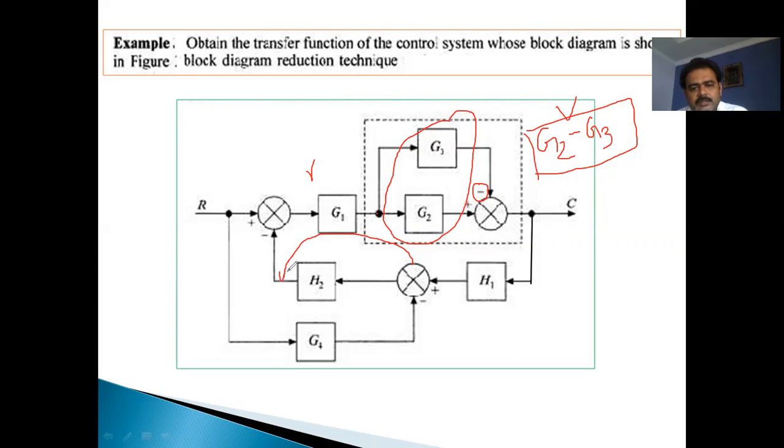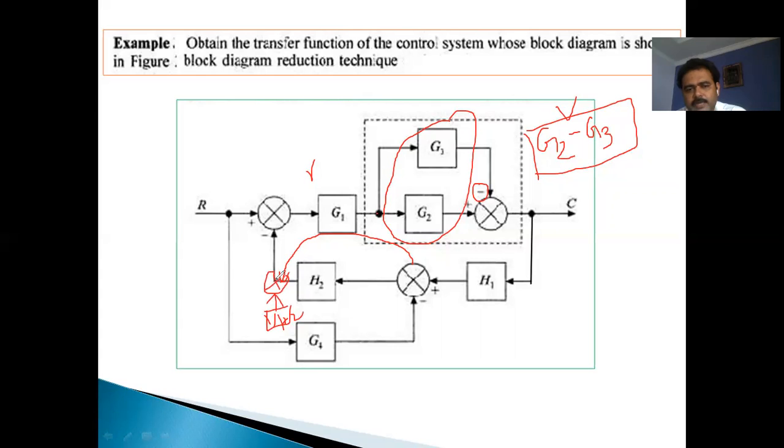In that case, a block is added at this summing point whose gain value is 1 by H2, because it is moving ahead of this block.